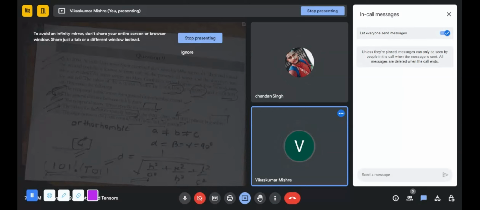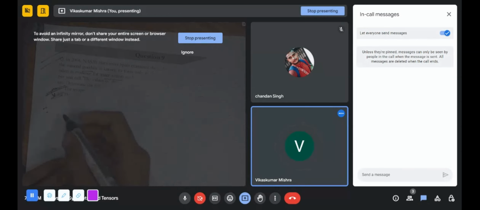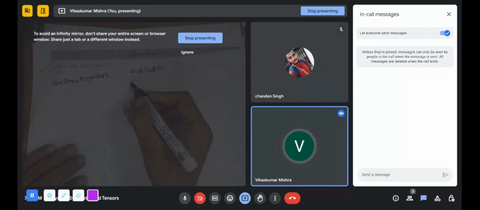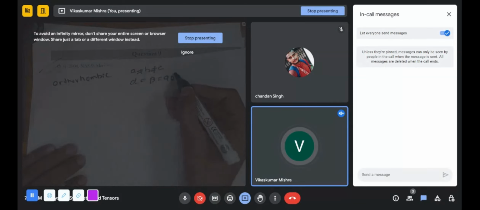So here, the question was telling us that there is an orthorhombic system whose A, B, and C were given to us, and we know that they are not equal to each other. And for orthorhombic, we also know that alpha is equal to beta is equal to gamma is equal to 90 degrees.